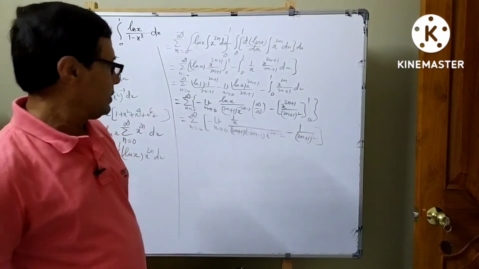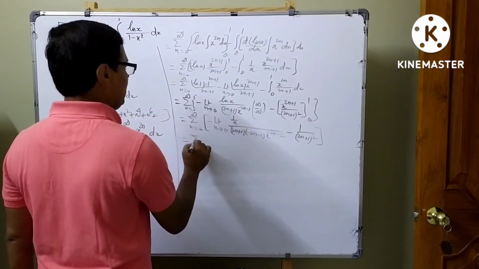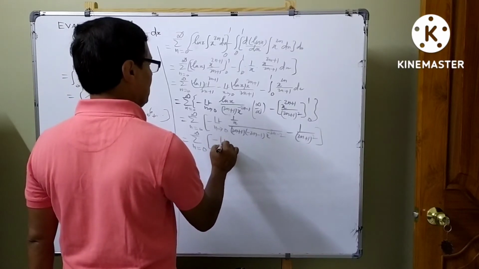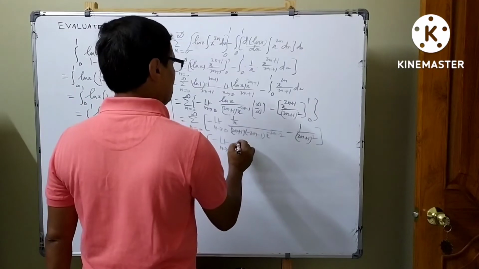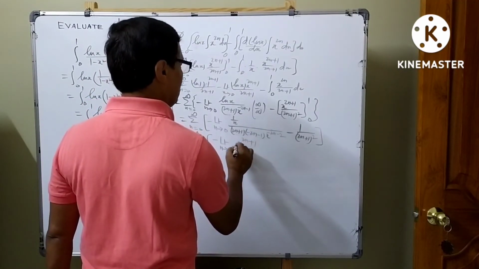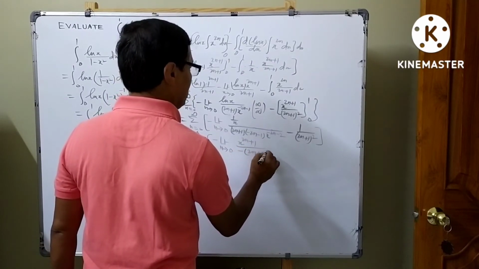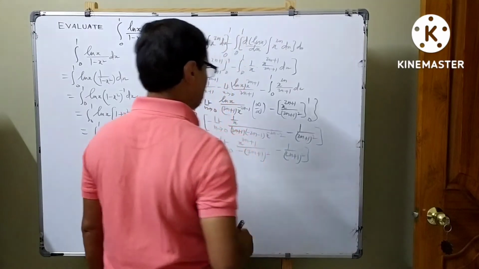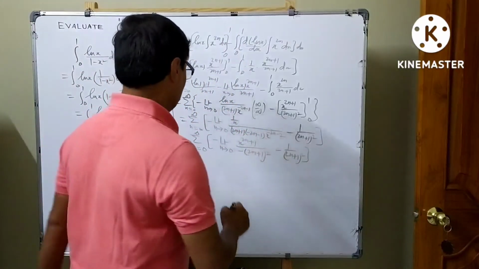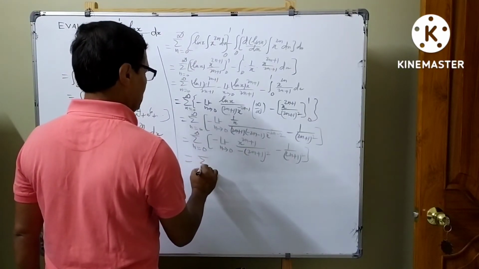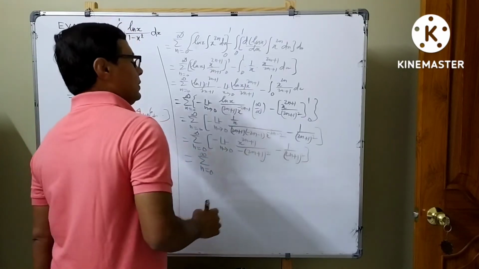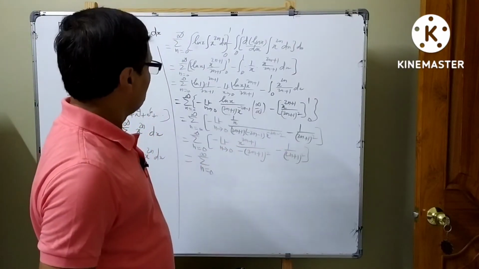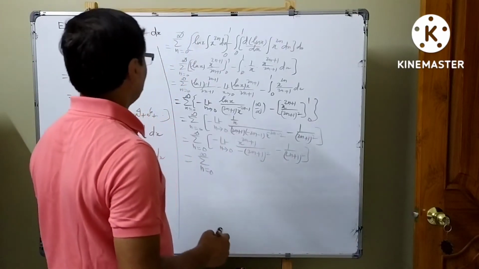So we can write summation n equal to 0 to infinity, minus limit x tends to 0 of x to the power 2n plus 1 over minus 2n plus 1 square, minus 1 over 2n plus 1 square. But the value of this limit is 0.